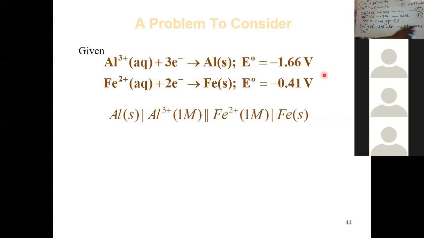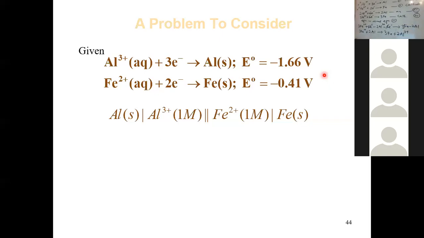Yes. All right, so we bring that one here, plus 2 aluminum, and then what we have is 3 Fe plus 2 aluminum 3 plus. So you see that this is the same thing as saying equation 1 plus 2.